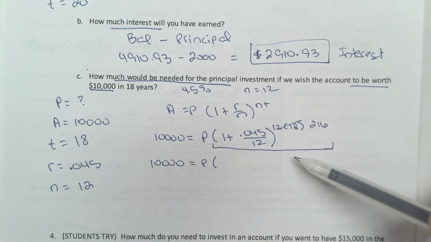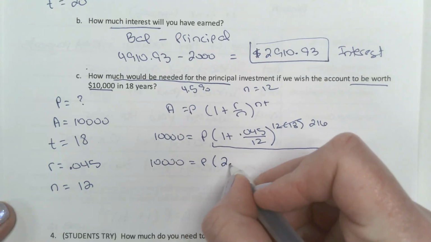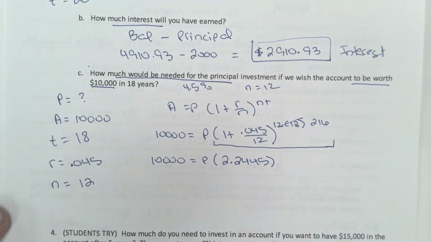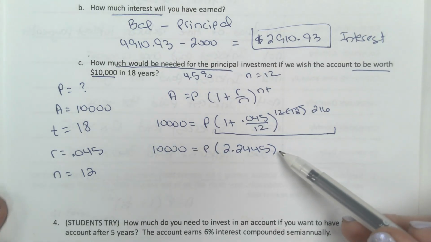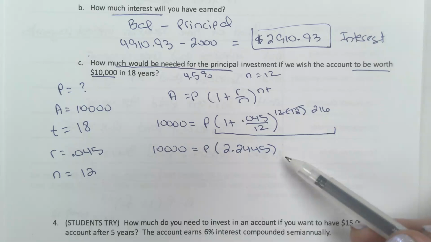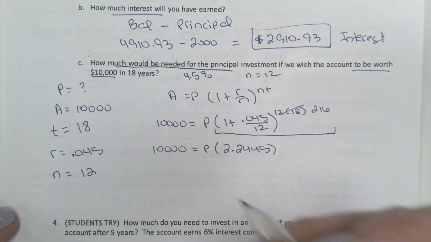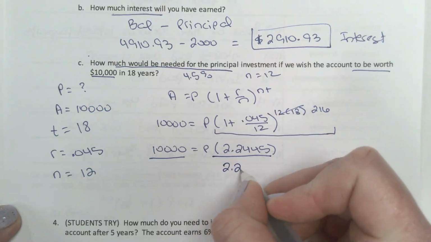In an intermediate step, we're going to use 4 decimal places. So if your calculator can't hold the amount, I would use 2.2445, which is what I mean when I say round it to 4 decimal places. And then all we have is an algebra problem. I'm going to divide.